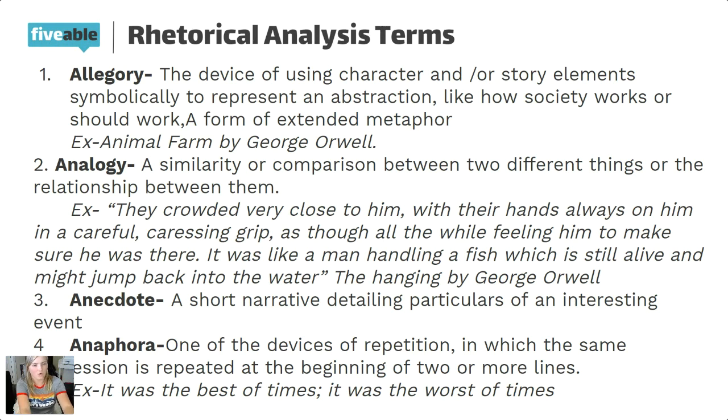It's not like you're telling your whole life story or describing every tennis practice and every move. It's just a short narrative, just like it says in the definition. So that's what an anecdote is.